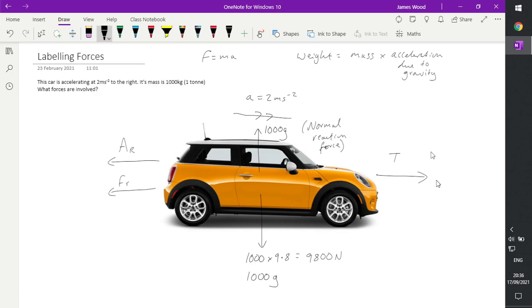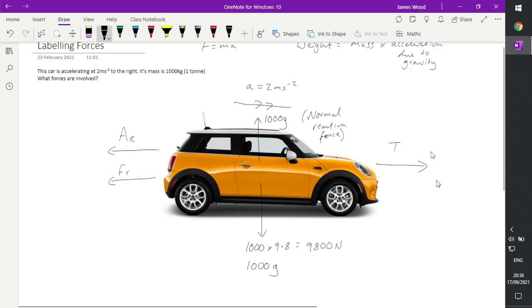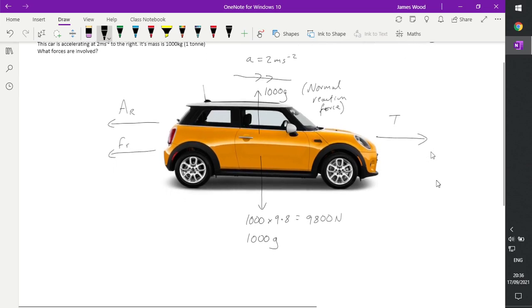Okay. If I wanted to write an equation here, I could use F equals ma. So if we consider the forces to the right, and we just think about all the forces that are going right, I can use F equals ma. So my forces would be T minus air resistance, and it's a minus because it's obviously trying to go left, that force, minus the friction equals ma.